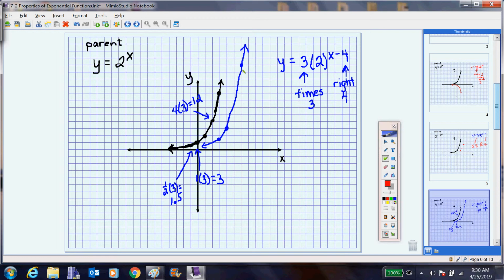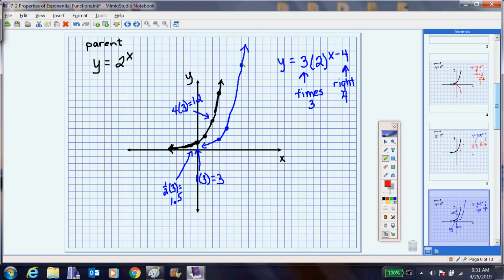It still will eventually go down, but here's what we had done. 4 times 3 would give us 12 plus 4.